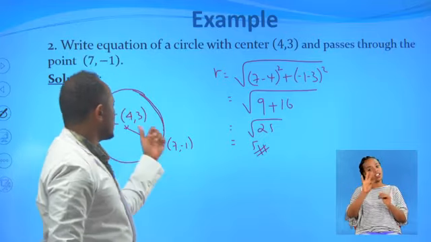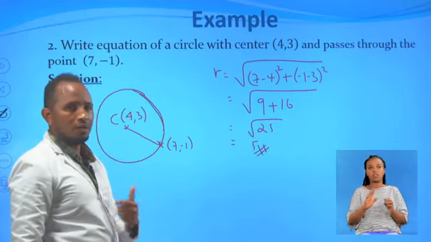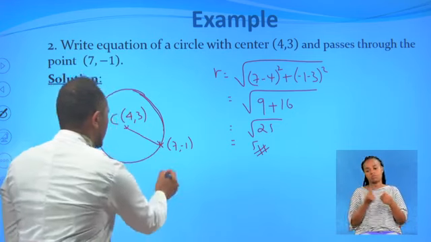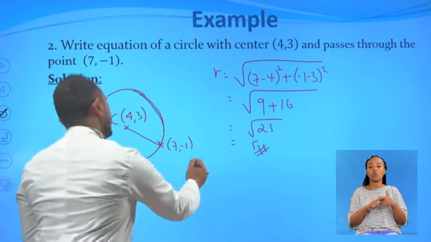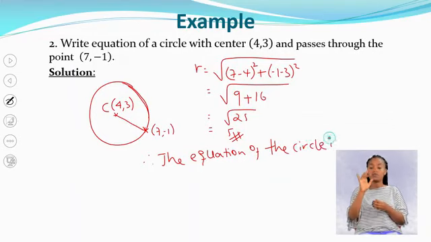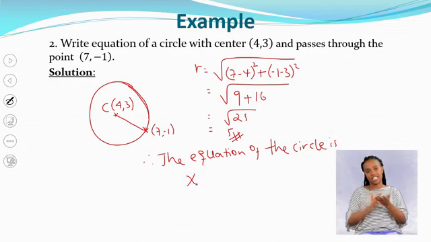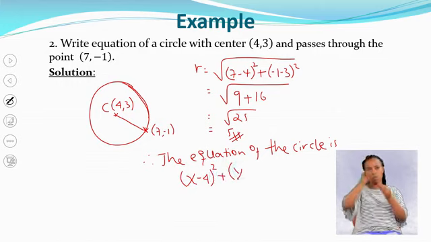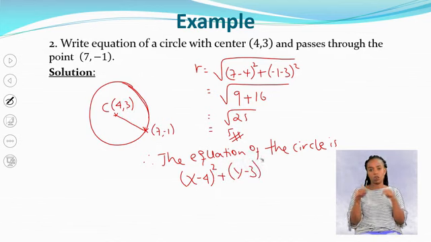Once you have the radius and center, you can apply the formula and write the equation. So the equation of the circle is (x minus 4) the whole squared plus (y minus 3) the whole squared equals the radius squared.